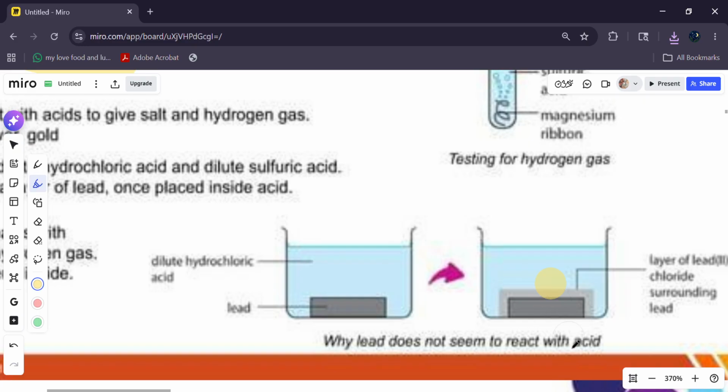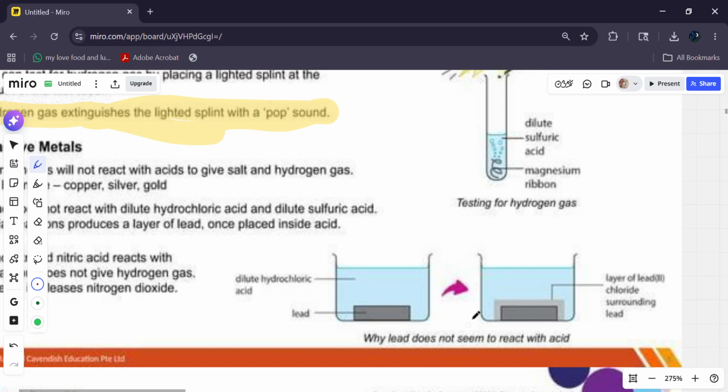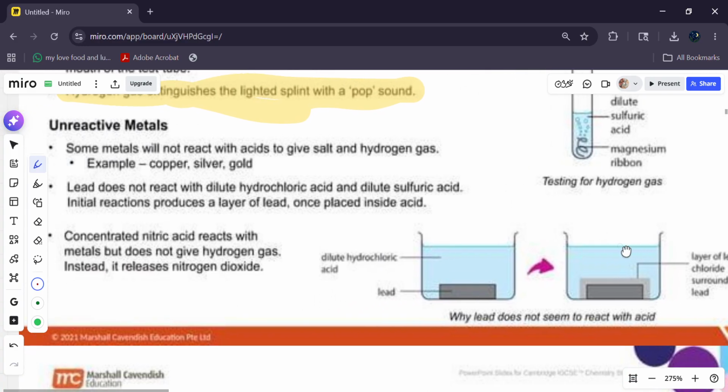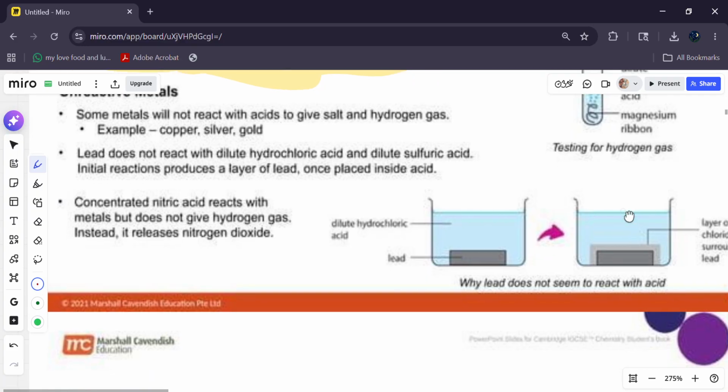This coating protects the metal from any further attacks of the acid, so the acid and the lead cannot mix together, causing the lead to be unreactive.